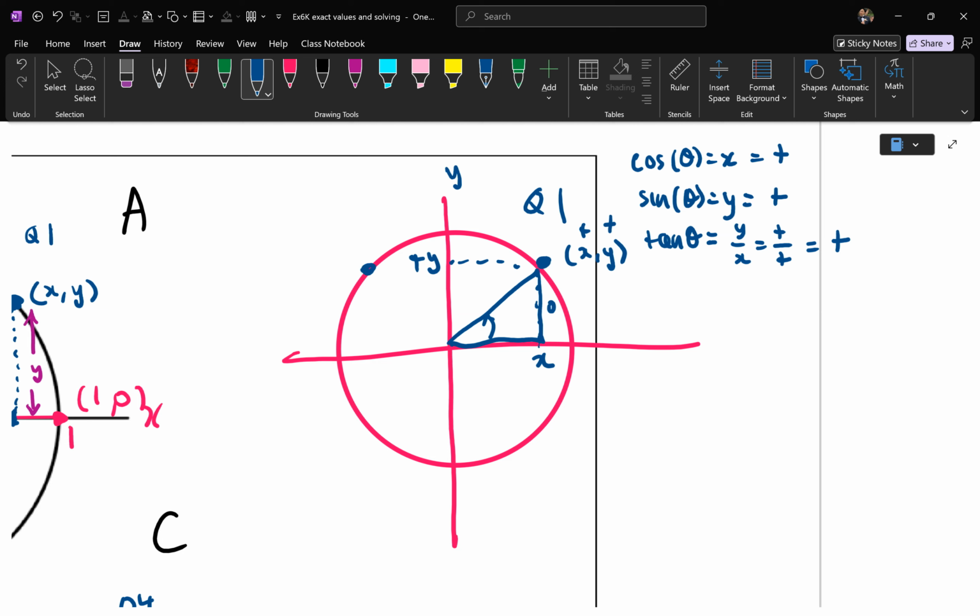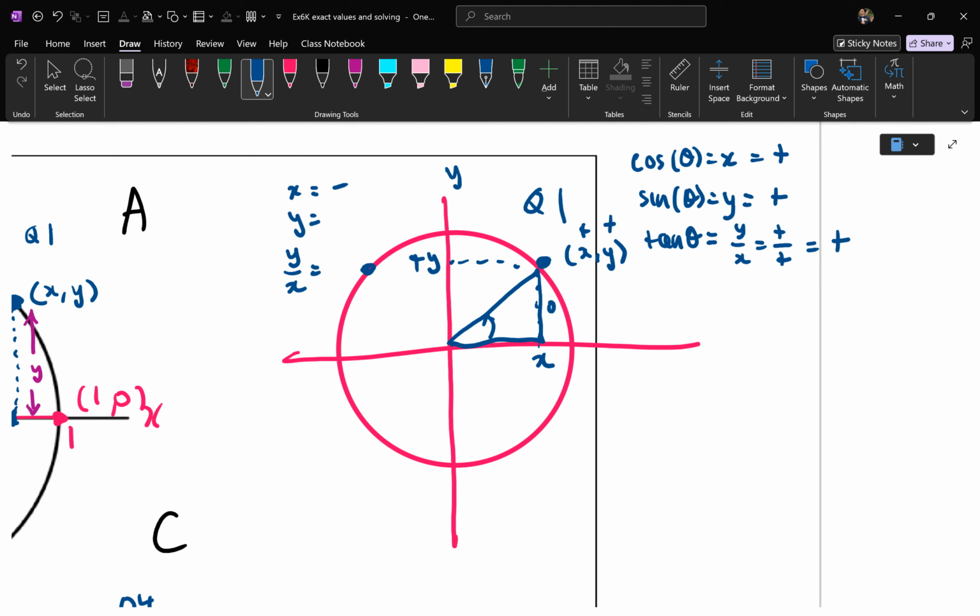Or if you look at this point now, you don't even have to memorize that. You can just look at the xy coordinates. So if you look at it, x coordinate, y coordinate, and then y divided by x. Let's figure it out. Over here, is the x going to be positive or negative? Negative, because clearly it's on the left side of the Cartesian plane, so that must be the negative side. So x is going to be negative.